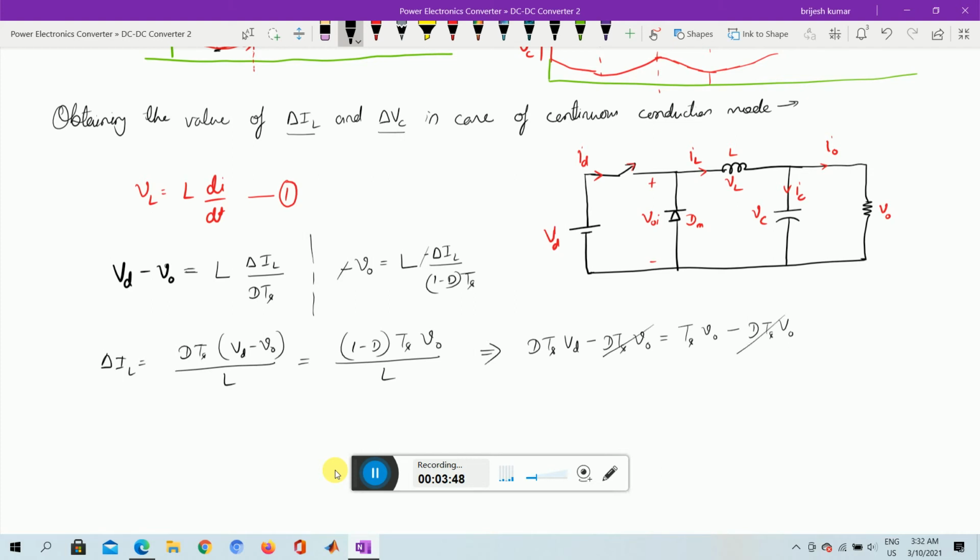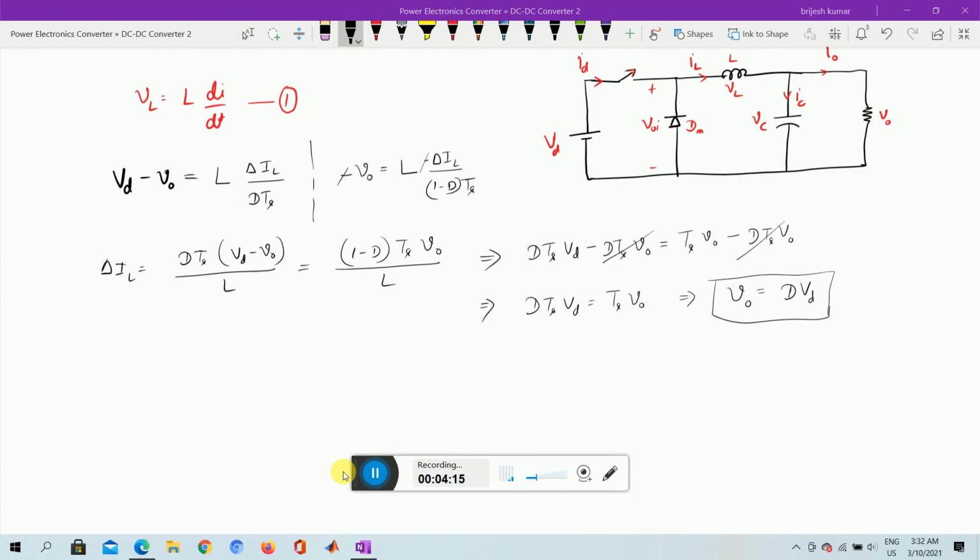What we are ultimately getting here is dTs Vd is equal to Ts V0, which gives a very simple equation, V0 is equal to d times Vd. So this is the expression we are getting, d times Vd is the V0.